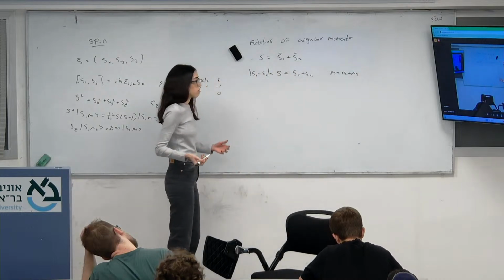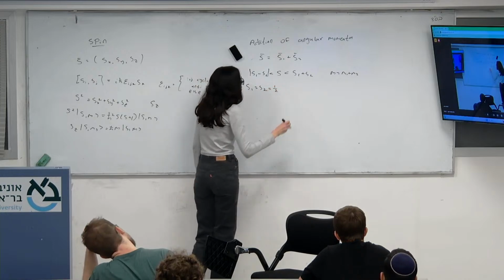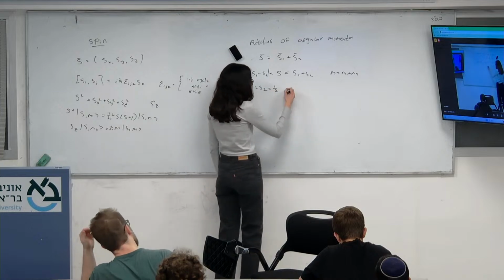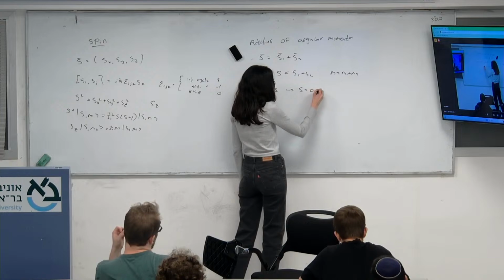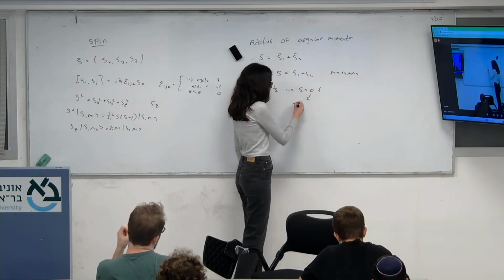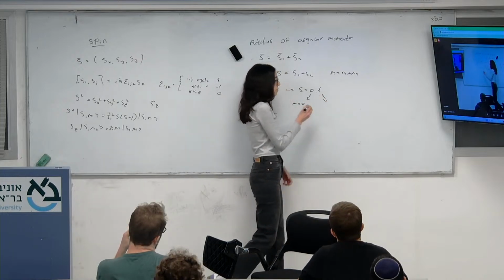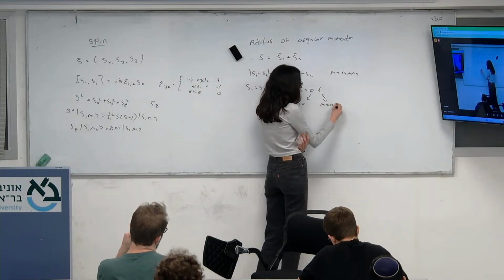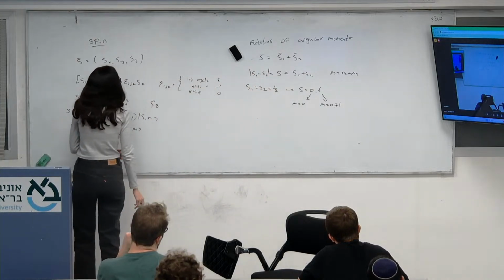So, for example, if S1 equals S2 equals a half, the beloved example, then S is either 0 or 1. If S equals 0, M can only be 0. If S equals 1, M is either 0 or plus or minus 1. And then we have the singlet and the triplet, and so on.